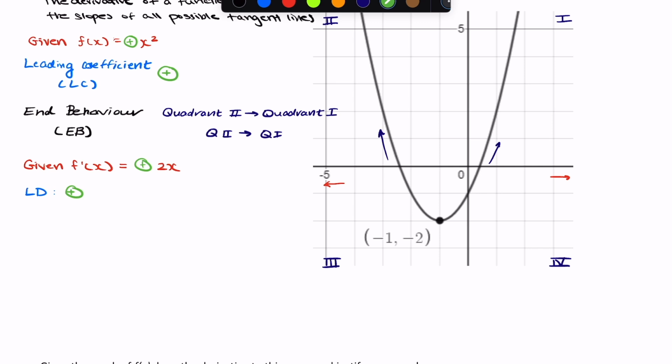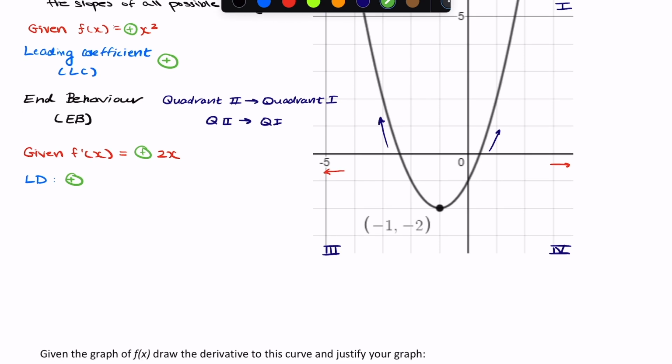Because it's an odd degree function, or degree 1, its end behavior is quadrant 3 to quadrant 1.